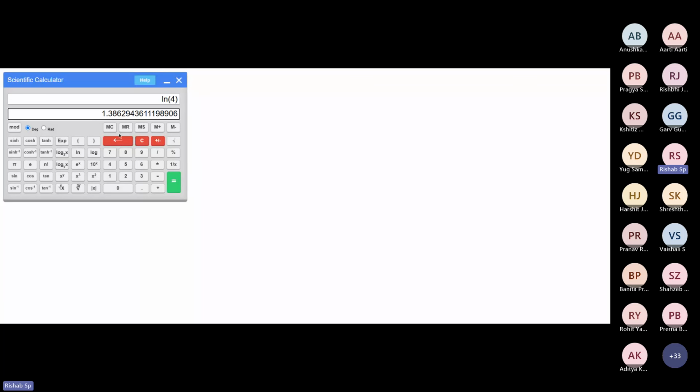Just apply ln and you get the answer. 1.38 is the answer for the first one, where the odds is 4. So I'll write down the answer: 1.38 log odds for probability 0.8.